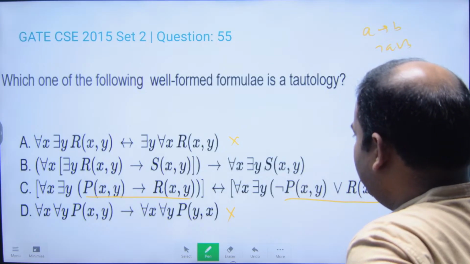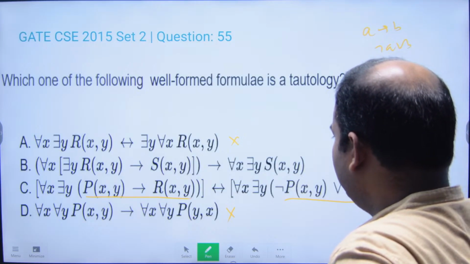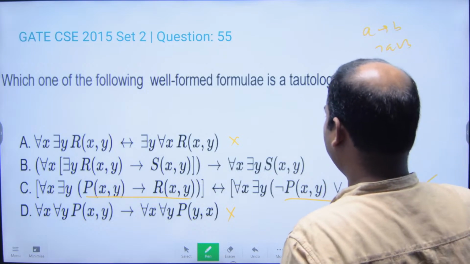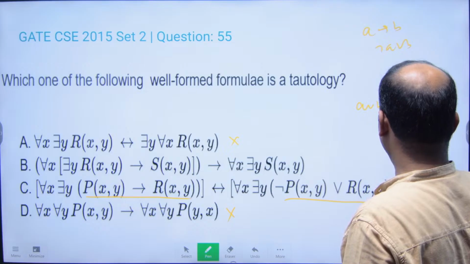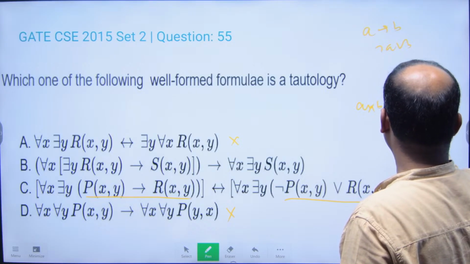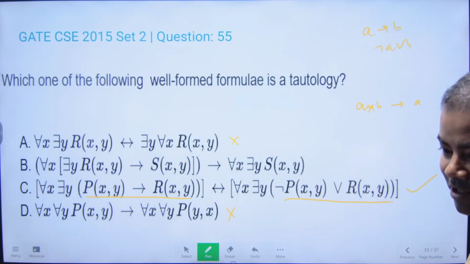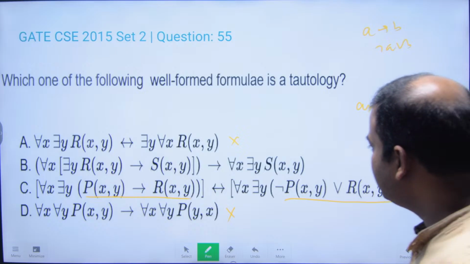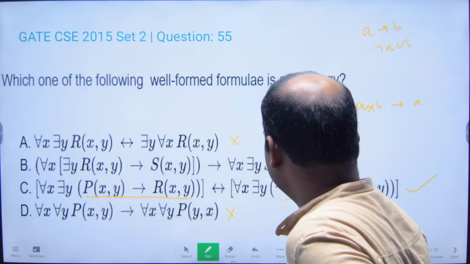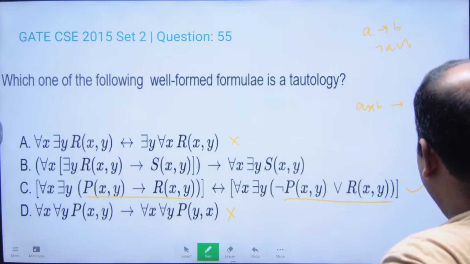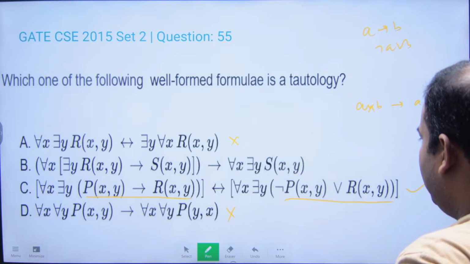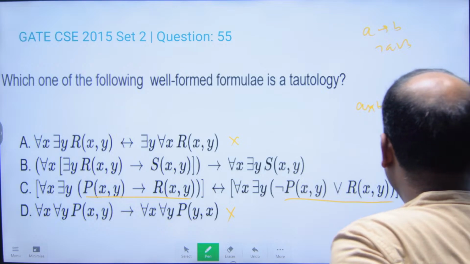But that is not always true, because it is also possible that A or B, means A and B, that is possible. But here it is R implies S, but there is only S. Yes, you are right, here it is not of R. Yes, this is the only correct answer.